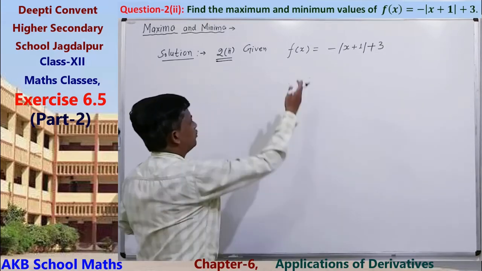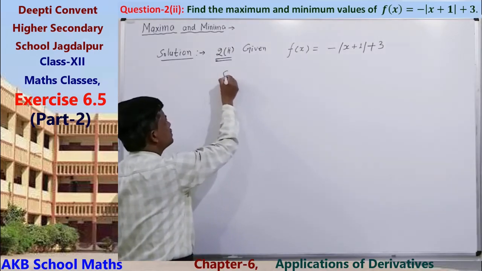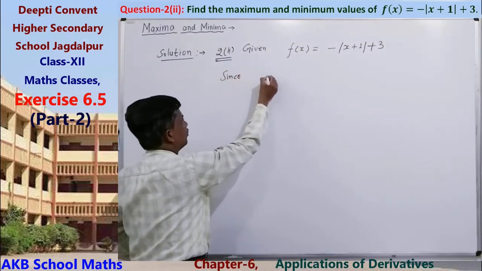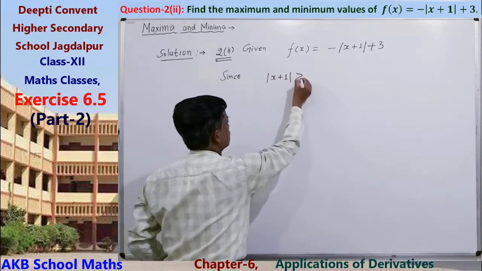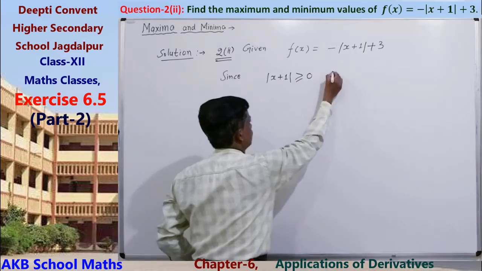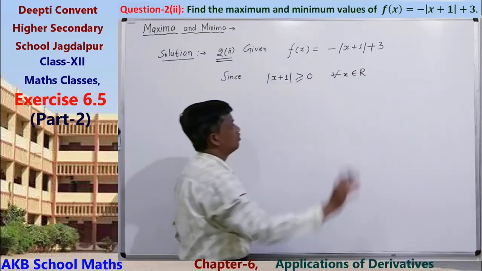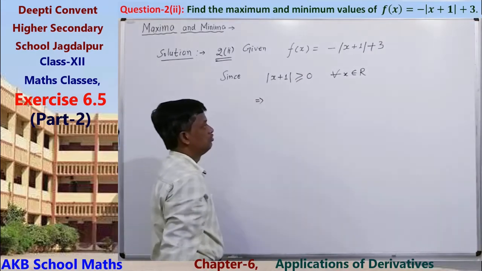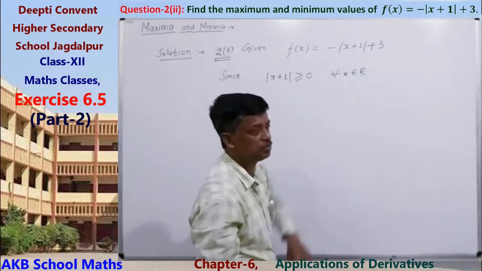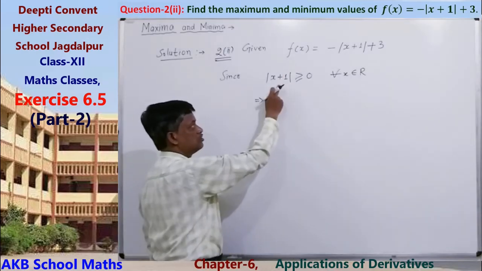So, since the modulus value of x plus 1 is greater than or equal to 0 for any real number, clear? The domain contains all real numbers. So for all real numbers, the modulus value is greater than or equal to 0.